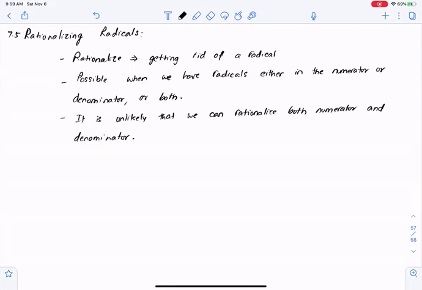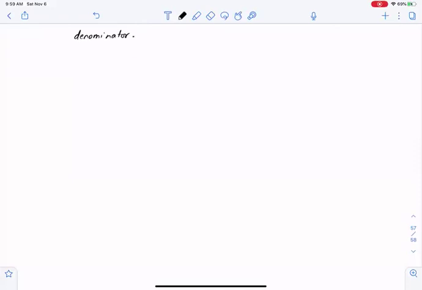So here is an example. We want to rationalize the denominator, in the sense we want to get rid of the radical that we see in the denominator. So as of now, we have square root of 3 divided by square root of 11.